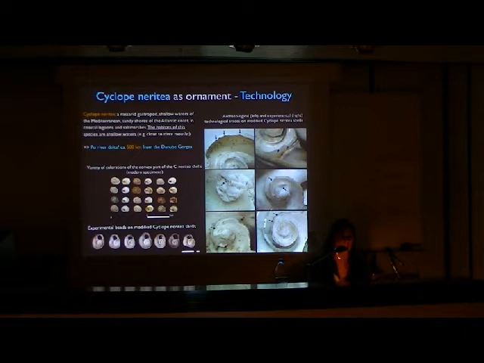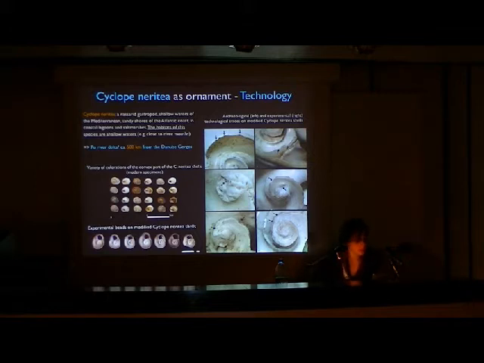Actually, together with shell ornaments in other burials, Columbella rustica was also found, which is another gastropod, very common on the Mediterranean rocky shores. It's possible that these Cyclope neritea were also collected there, even if isotopic analysis or specific analysis were not carried out. They are still not carried out.